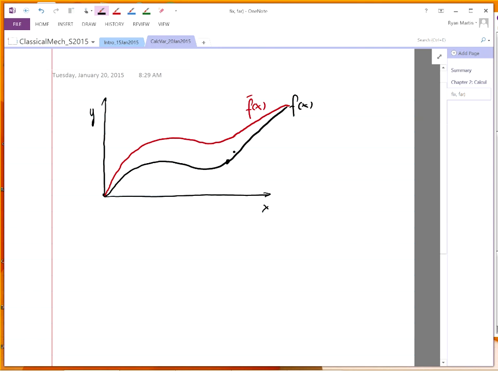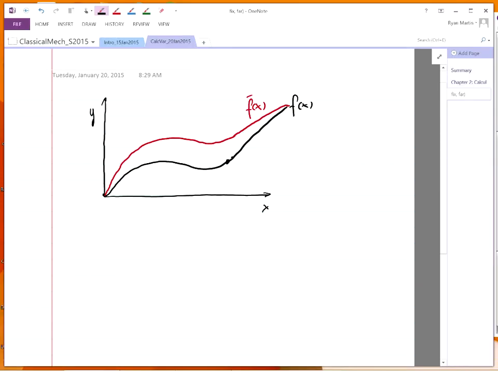So let's look at a point here. So let's look how the function f changes as a function of x. So if I look over this interval that starts at this point, let's consider dx.